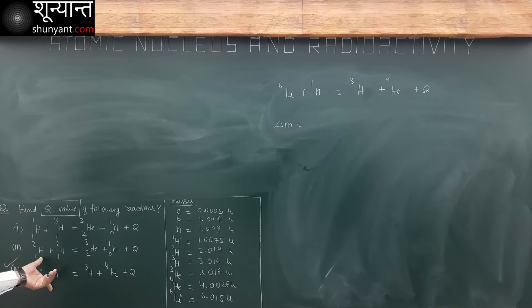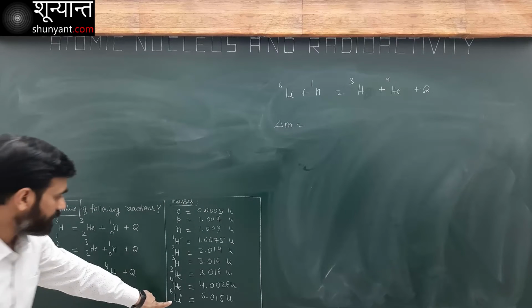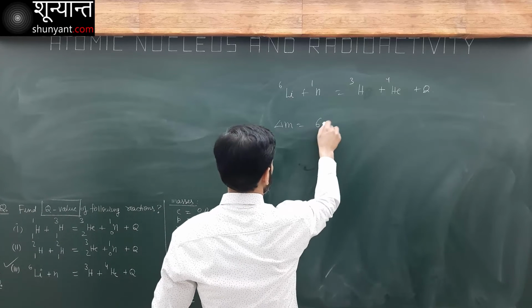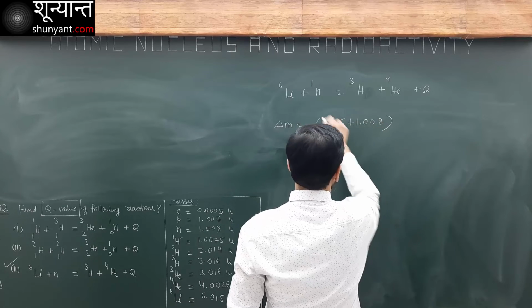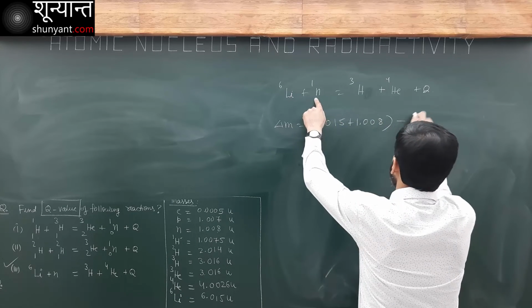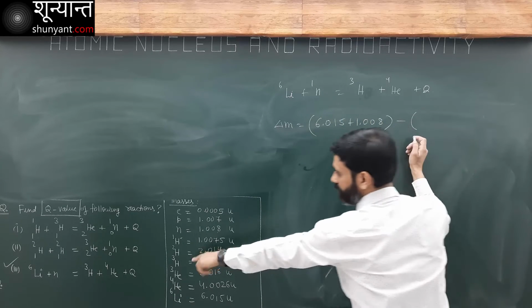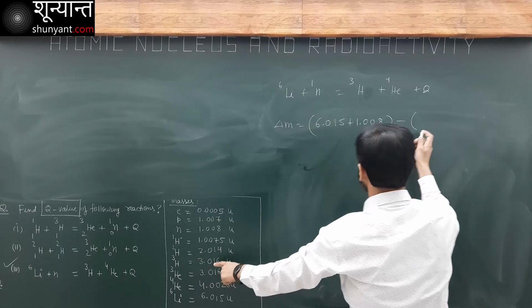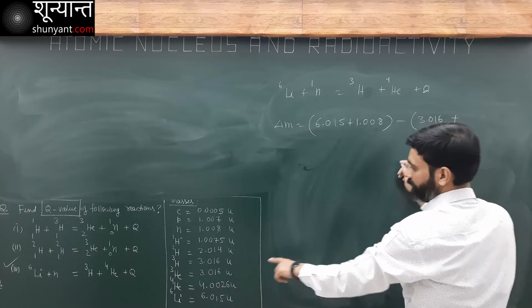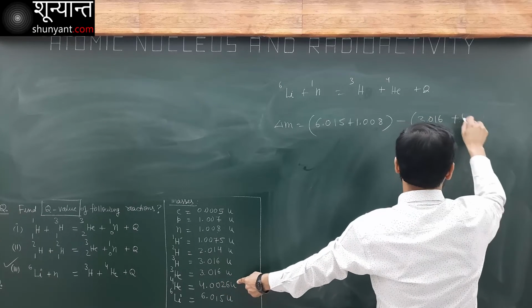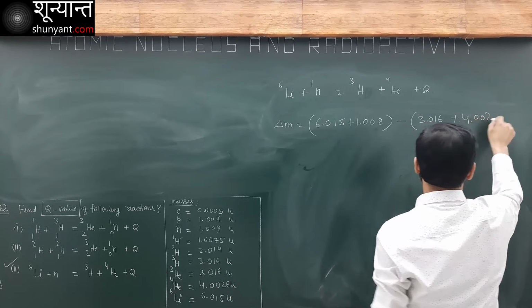The reacting nuclei: lithium-6 is given as 6.015 plus 1.008 for the neutron, minus hydrogen-3, which is 3.016, plus helium-4, which is 4.0026.